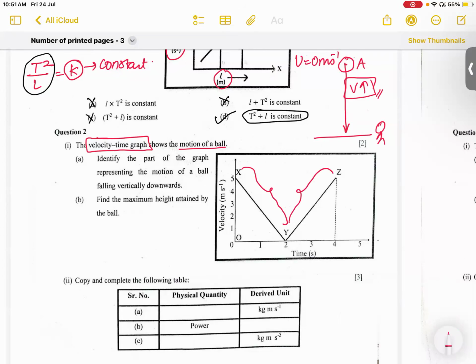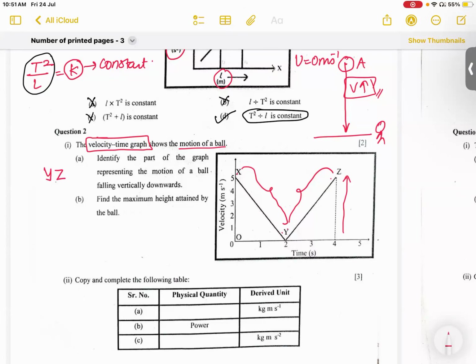Is xy showing increase in velocity? I feel no, because if you see x to y, velocity is decreasing. When I'm going from part y to z, velocity is increasing. So my first answer is that the YZ part represents increase in velocity.